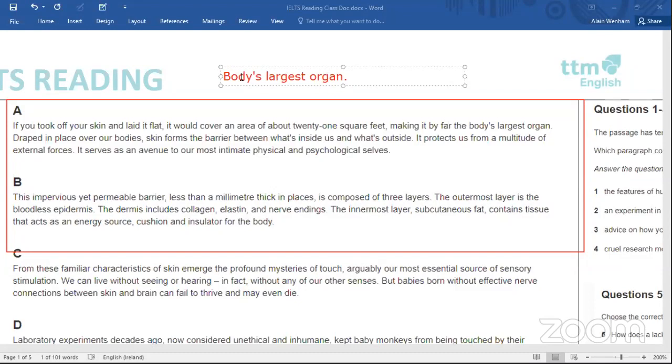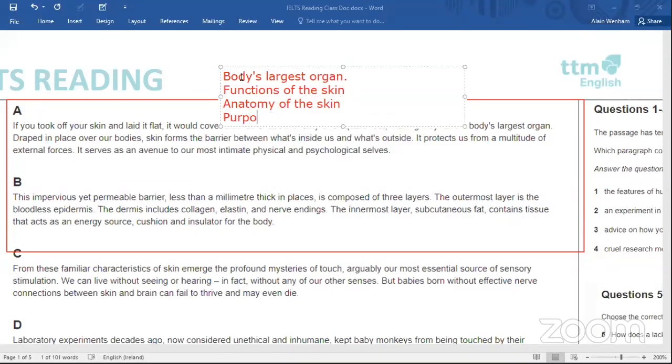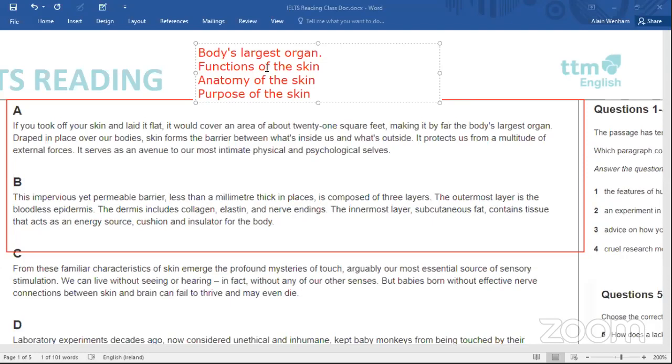Anatomy of the skin. Functions of the skin, oh, I like that. Purpose of the skin. Anything else? Go on, Sophia. Structure of the skin. What do you mean by fracture? Structure. Oh, structure. Okay. Structure of the skin. Anyone else? I would say that is for B.